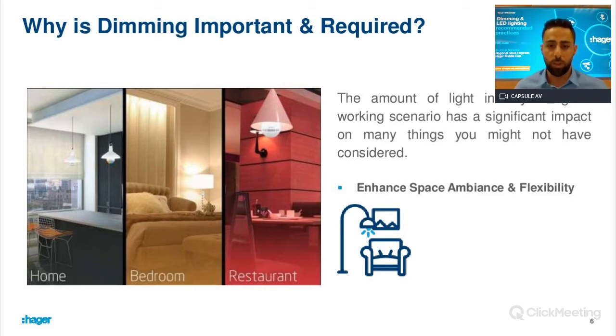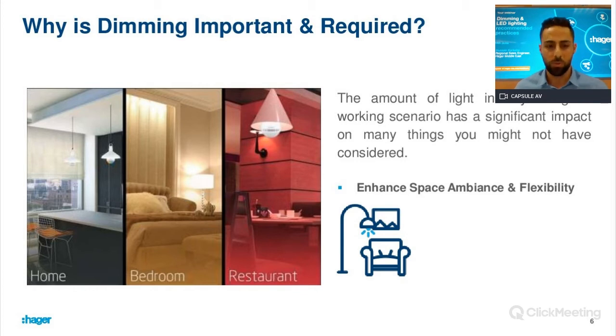All of us have gone into a restaurant where we were disturbed by the full brightness of the lights. Anybody can also have lighting which is very bright in his home, in his bedroom, and in his living room. Sometimes we don't know the importance of dimming unless we use it.